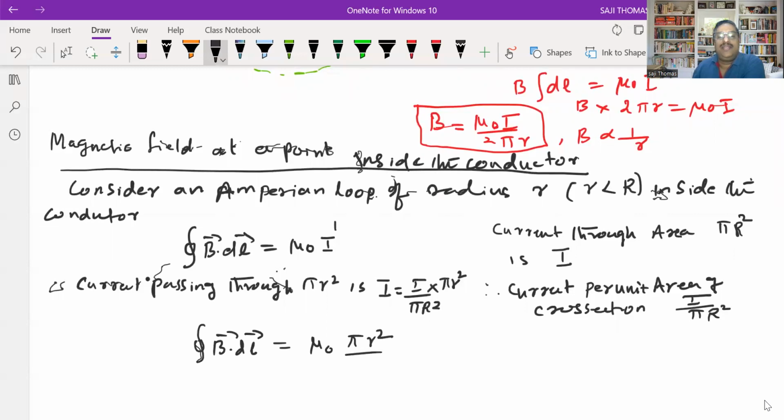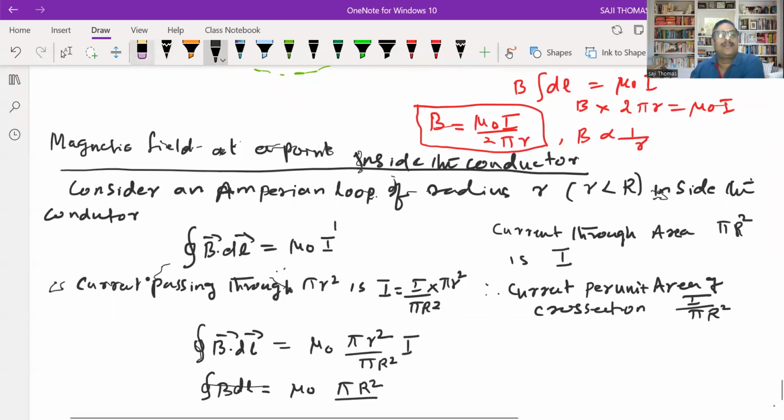Pi r square by pi R square into I, the total current enclosed by the Amperian loop. B and dl are tangential, so this is B dl equals mu 0 pi small r square by pi capital R square into I.